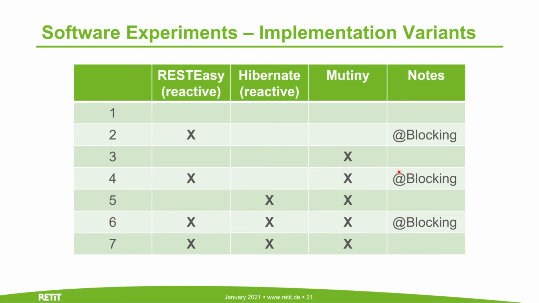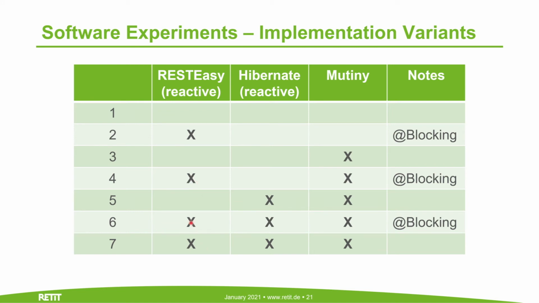Variation number 3 uses Mutiny as a reactive library. Variation number 4 has RESTEasy Reactive with Mutiny, but with the ad blocking annotation. That is because of Hibernate Classic here. Variation 5 utilizes Hibernate Reactive Mutiny, but RESTEasy Classic.